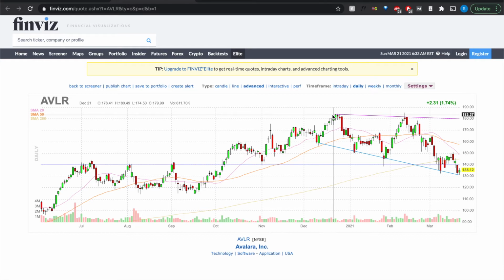So if you are looking to get into this stock because it's made a new high, and let's say somebody got in at $185 or $180, for that person, in order to make a profit, the stock needs to go even higher. So the stock has already gone high, but you need it to go higher in order to make a profit, and that's usually not going to happen because, as I said, most of the stocks will not continue going up in a straight line.